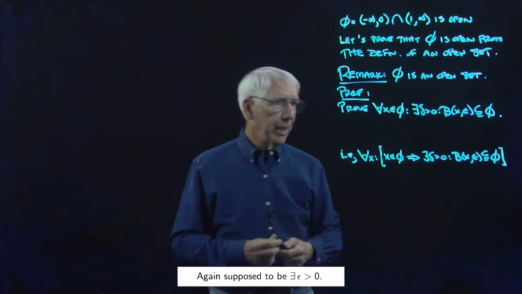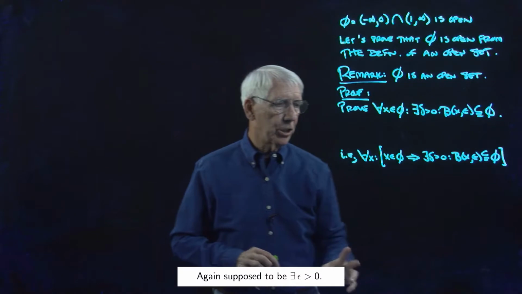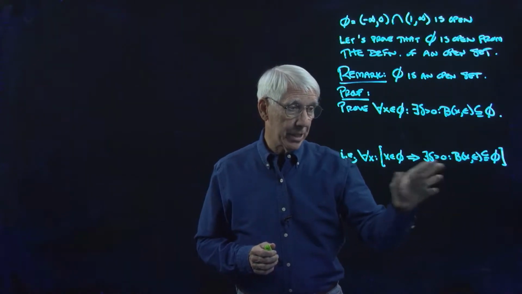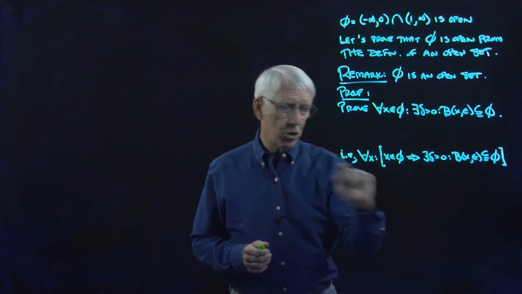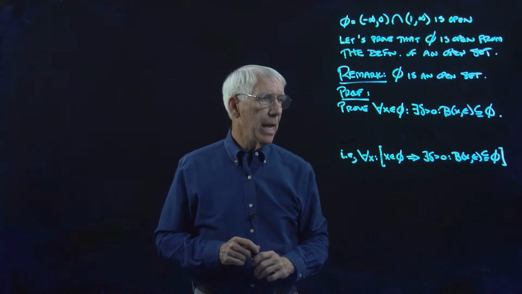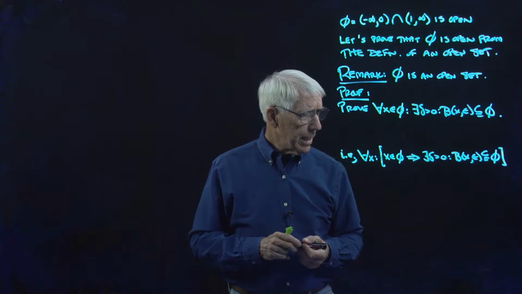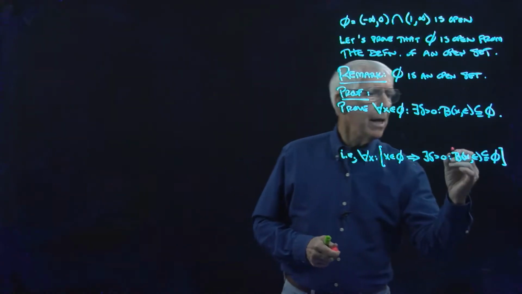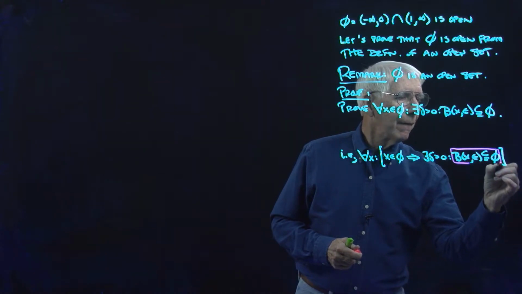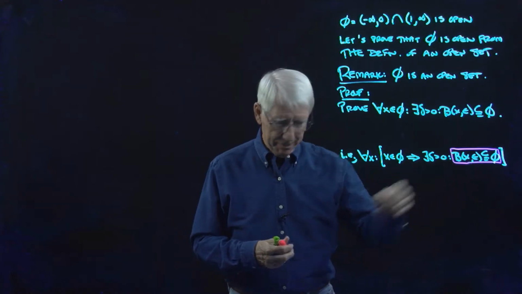It's just that here I've rewritten this statement so that it's now an implication in which the implication is an open statement with the variable x in it. And then that open statement is quantified by the universal quantifier over here. But they're the same statements. And so let's do a couple of things here. Let's note down here that this is an open statement, and that has two variables in it, x and epsilon.